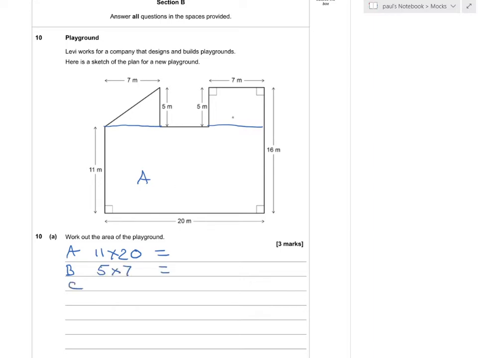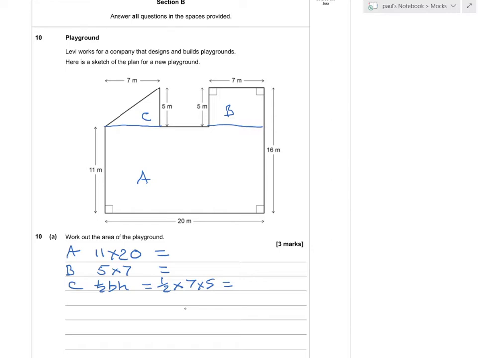And C is going to be a half base times height, which equals a half times the base is 7 times 5. And add those up together and we should get the answer.